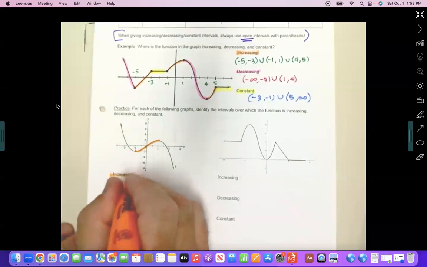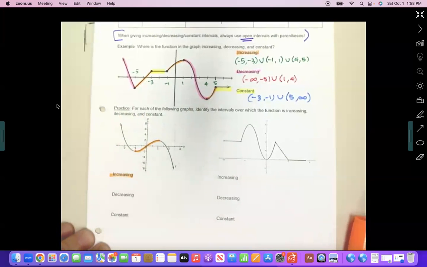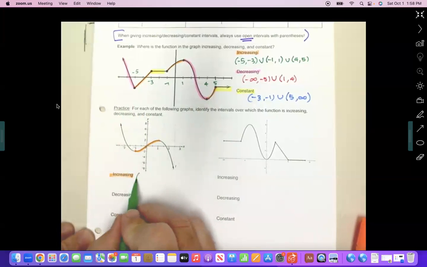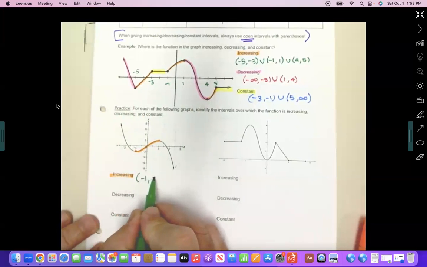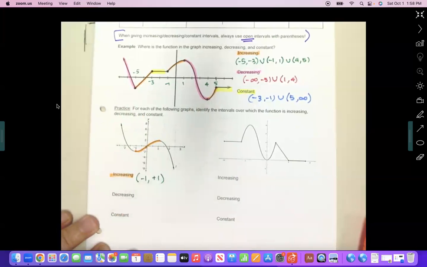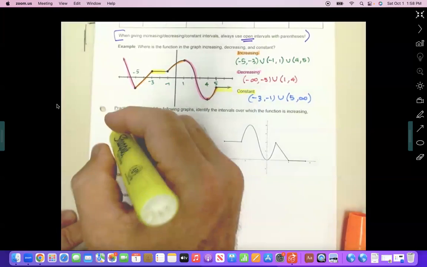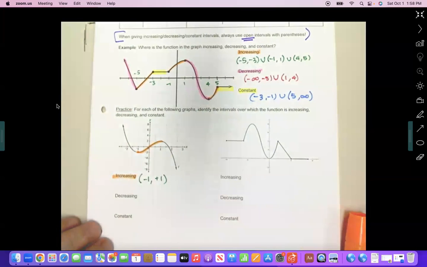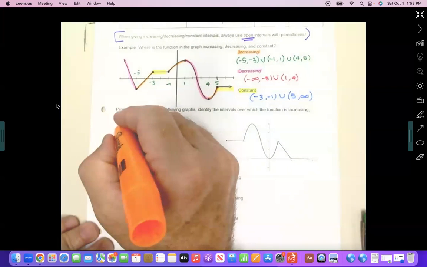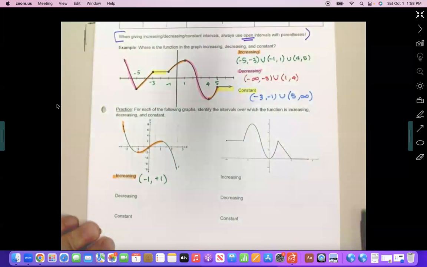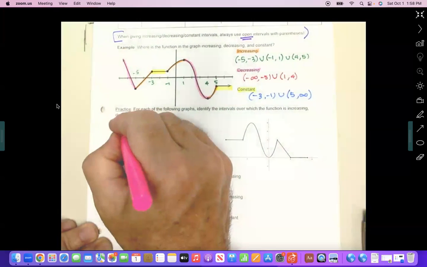So our increasing, we only see one interval, and that is from -1 to +1. Then we have a decreasing interval starting up here from -infinity, and then it stops at -1.